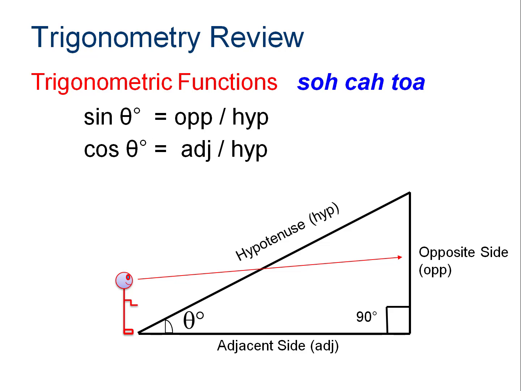Similarly, the ratio between where my feet are, the adjacent length, and the hypotenuse is the cosine of the angle. And the last relationship we're going to talk about is the ratio between the opposite, where I'm looking, and the adjacent, where my feet are. That ratio is defined as the tangent of the angle.